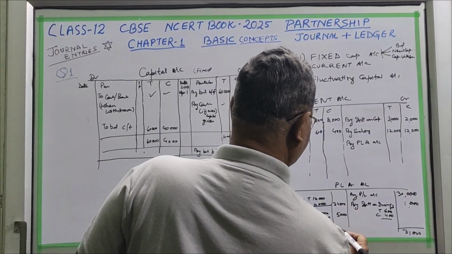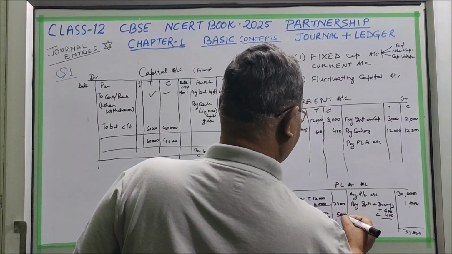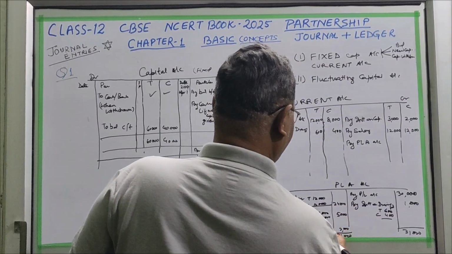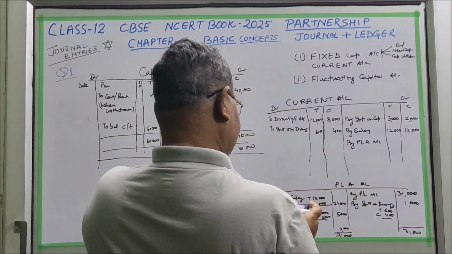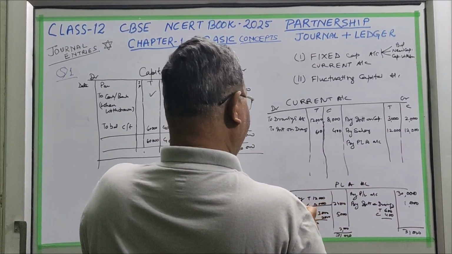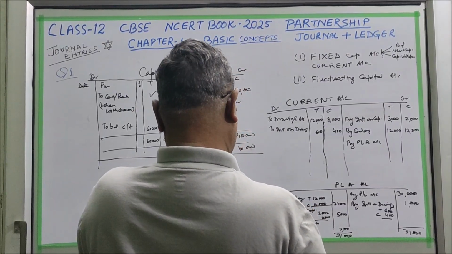If nothing is given in the question about how they share their profits, it means they will share their profit equally.